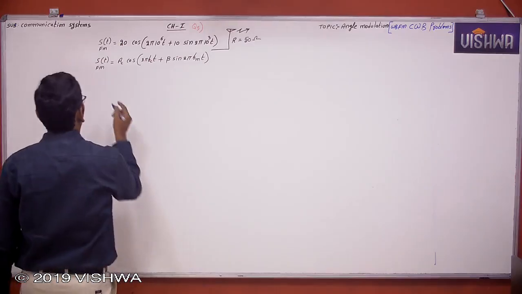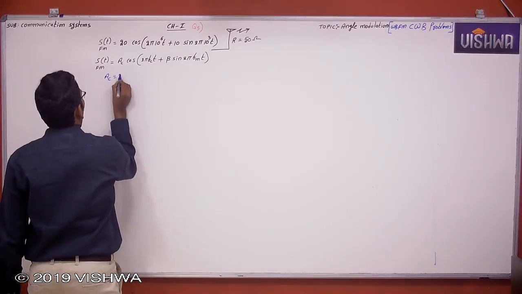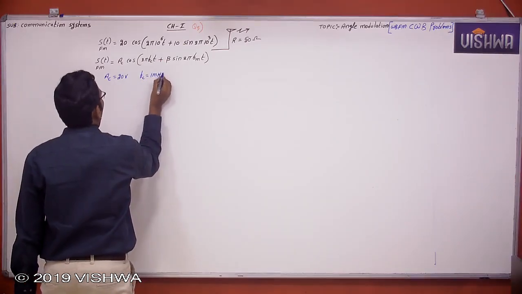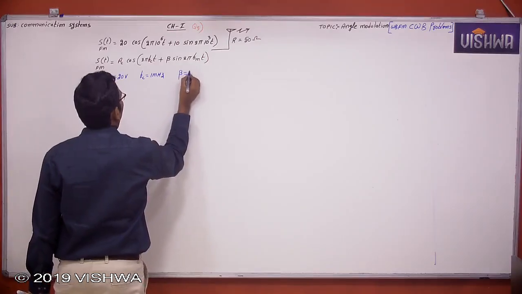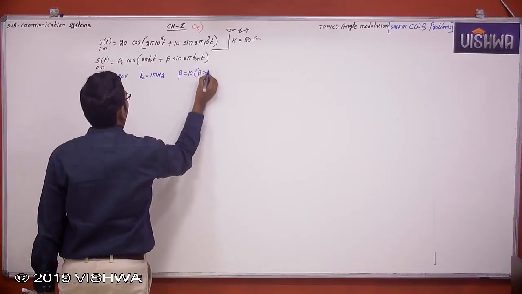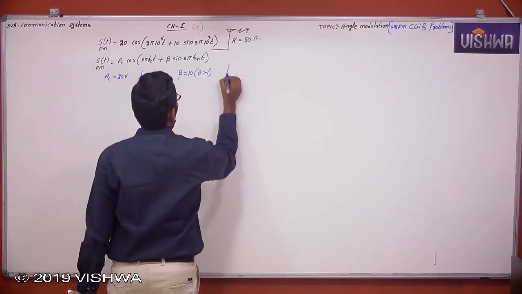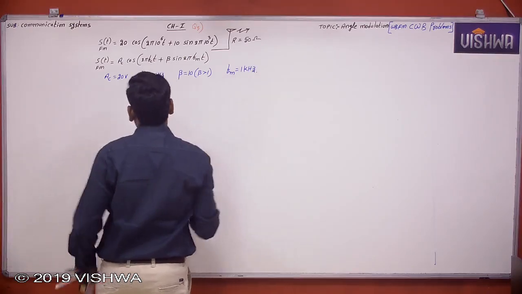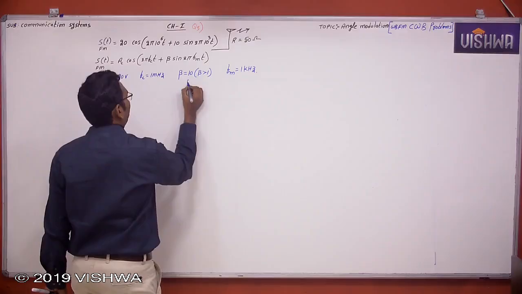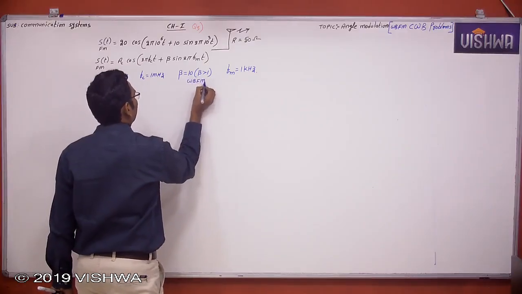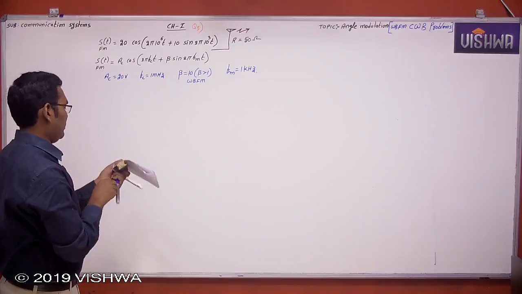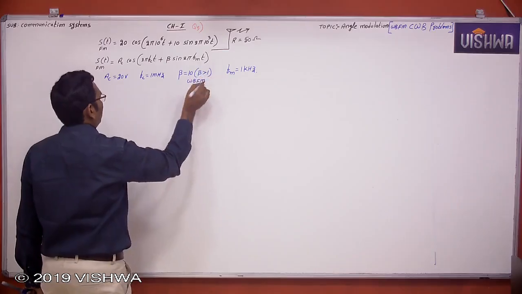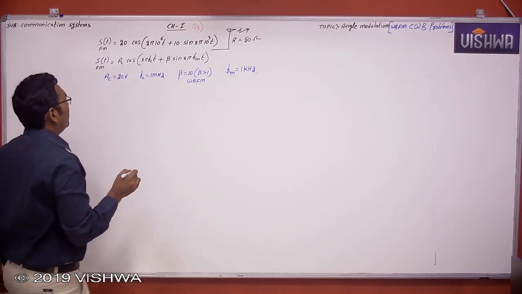While comparing these two, Ac is equal to 20 volts, fc is equal to 1 megahertz, the modulation index β is equal to 10, and the frequency of the message signal is equal to 1 kilohertz. Since β is greater than 1, this is wideband FM.